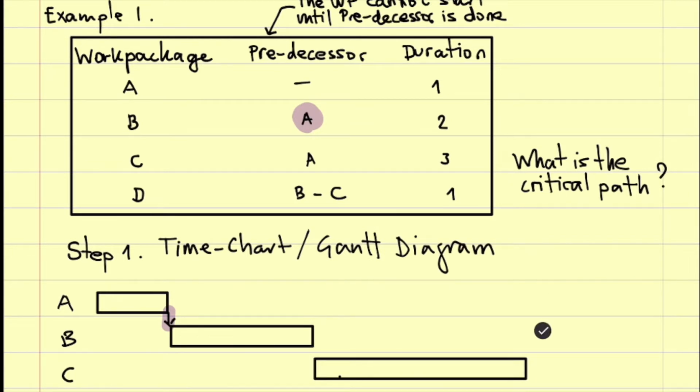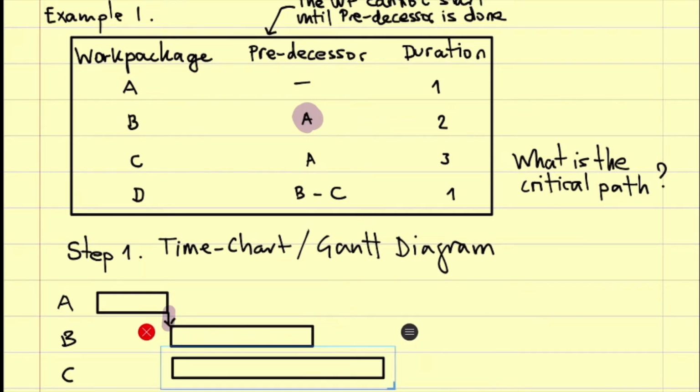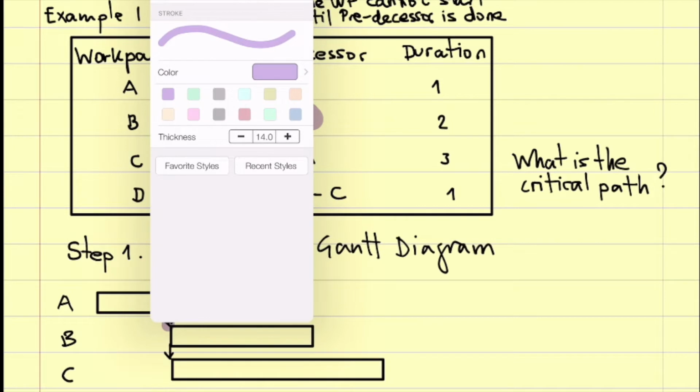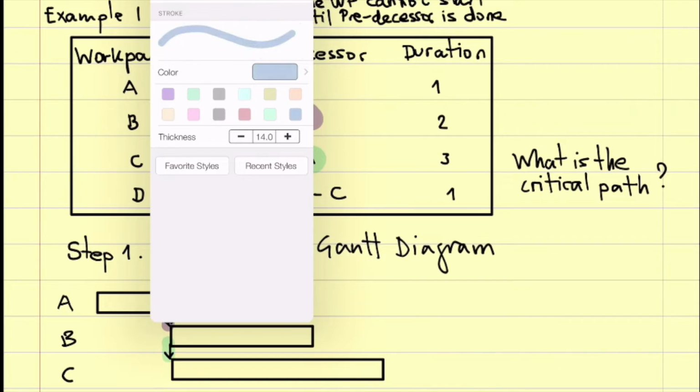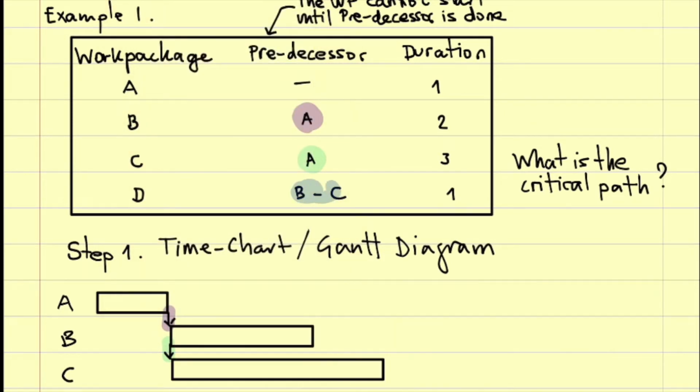And actually, I need to move it because C can start when A is done, because the predecessor of C is also A. And then D can only start when B and C are done.